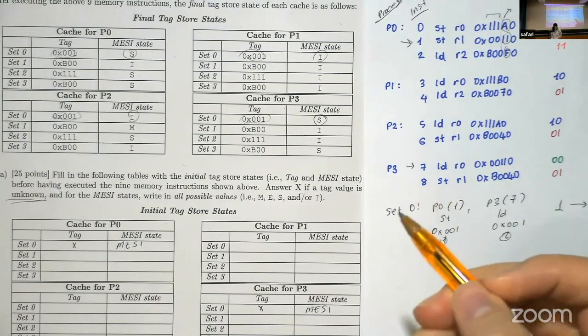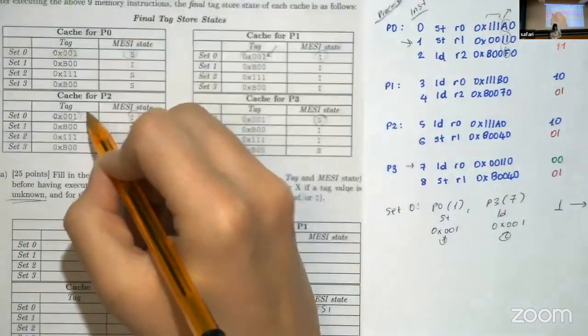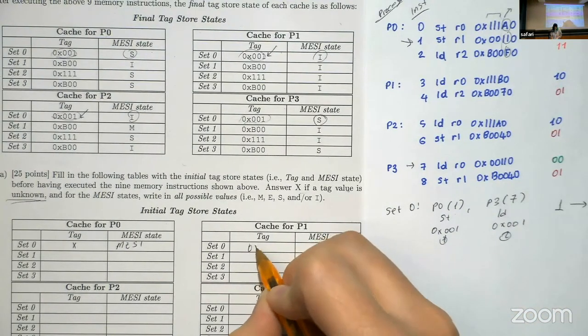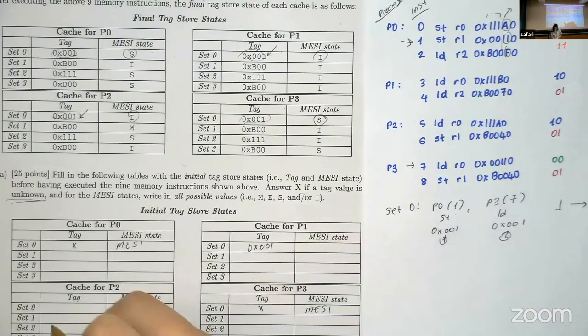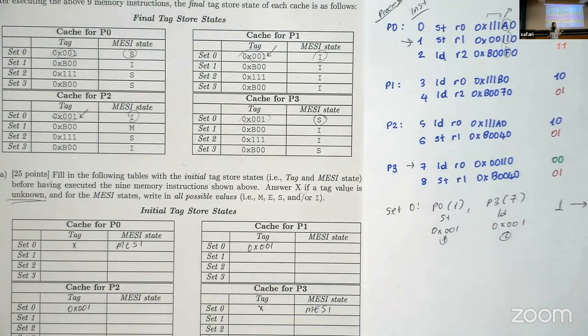And for the other ones, what we have as a hint is that they already have these tags, even though we didn't execute any instructions related to these. So in the initial state they should have these tags, so that they were not changed by our execution.